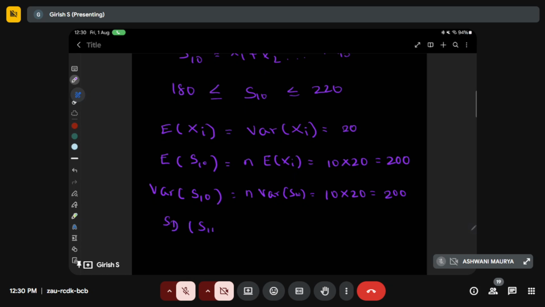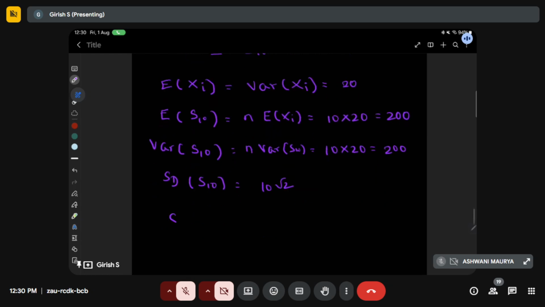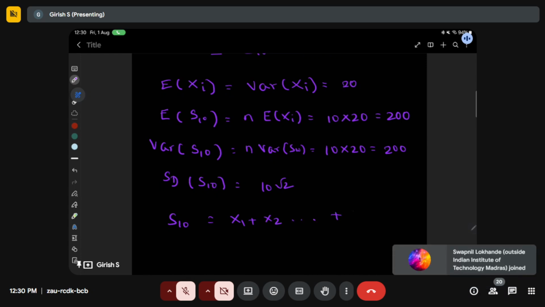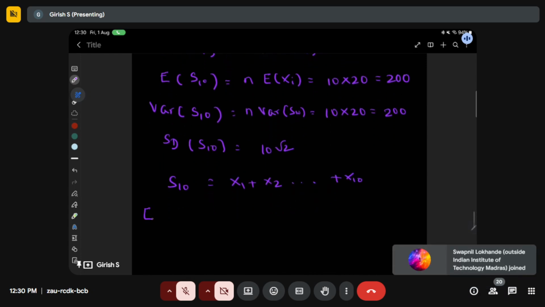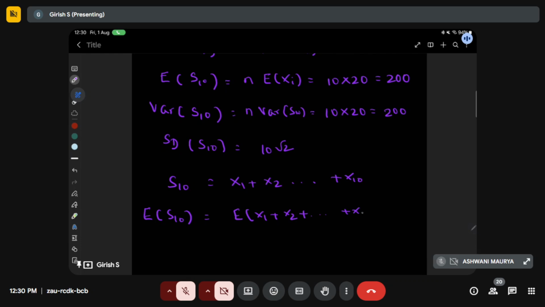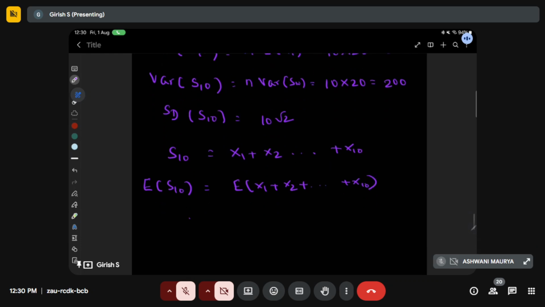How can we multiply it? Let me explain it first. S10 is X1 plus X2 till X10. So expectation of S10 is expectation of X1 plus X2 plus up to X10. By linearity of expectation, this is expectation of X1 plus expectation of X2 plus up to expectation of X10.